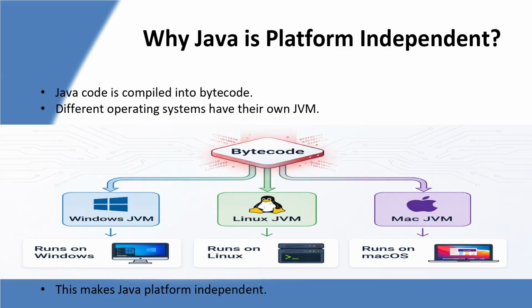Windows JVM will convert the bytecode into machine level code for Windows, Linux JVM will convert bytecode into machine code based on Linux, and Mac JVM will convert the bytecode into machine level code based on Mac OS. That's how we achieve platform independence, and this enables Java's famous principle, write once, run anywhere.